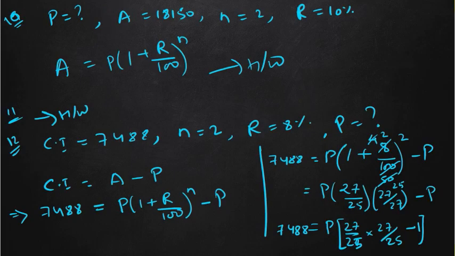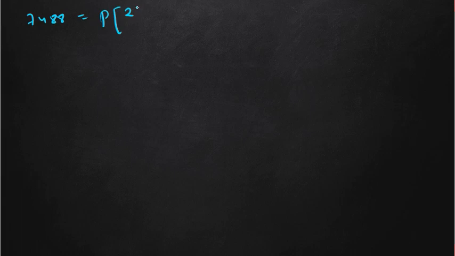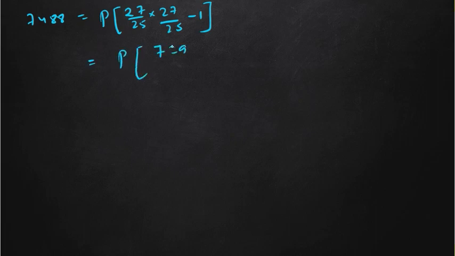So let us solve the right side first. 7488 equals P into 27 by 25 into 27 by 25 minus 1. 27 into 27 is 729 and 25 into 25 is 625, minus 1.